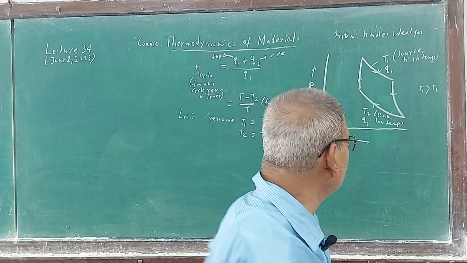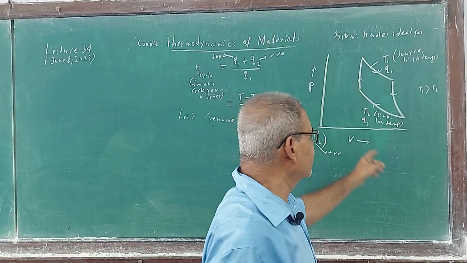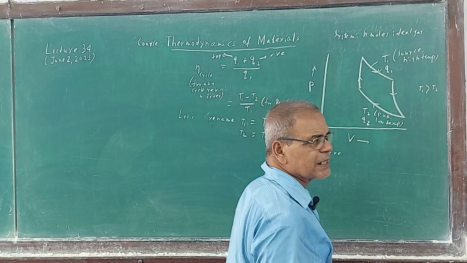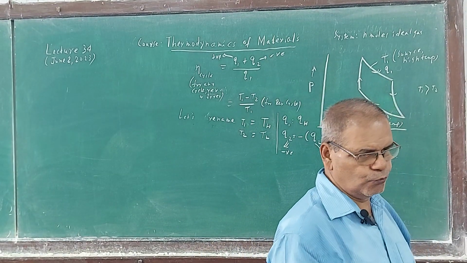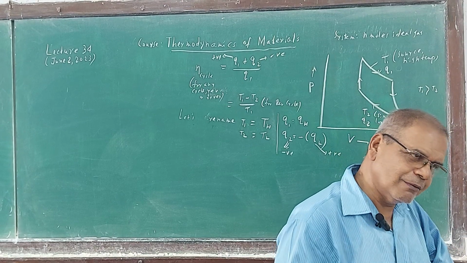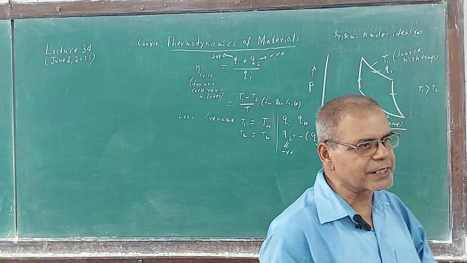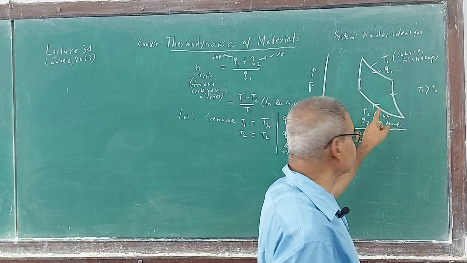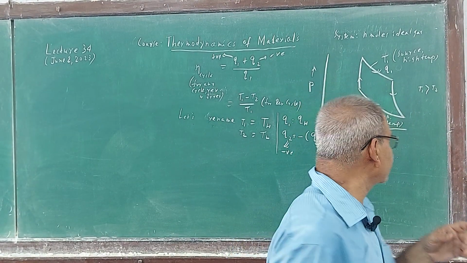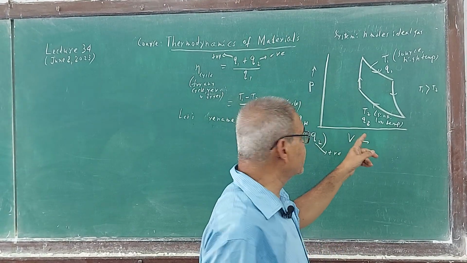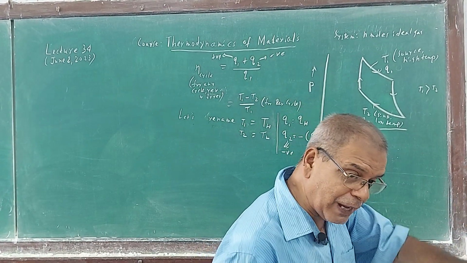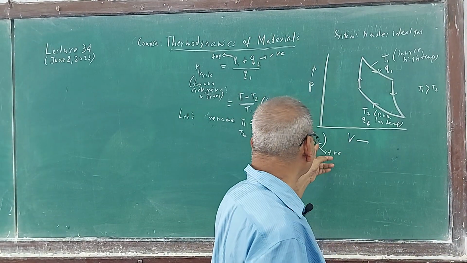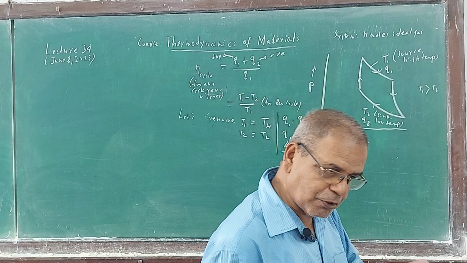Say Q2 is minus 40 joule, meaning 40 joule of heat is rejected by the system during the compression to the surrounding, to the thermostat, namely T2. Now when I say it is QL, then 40 joule is rejected, while Q2 is minus 40.